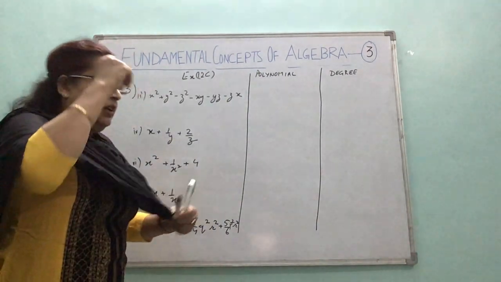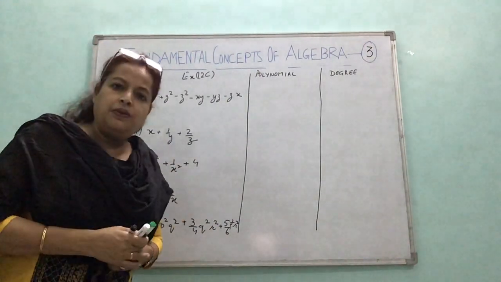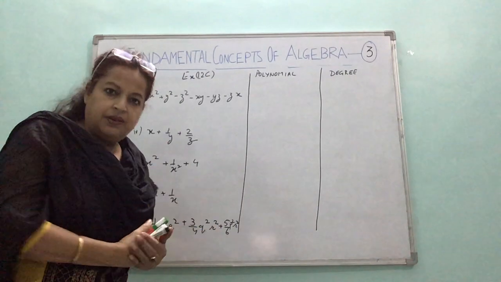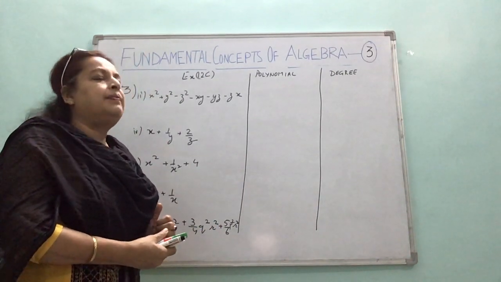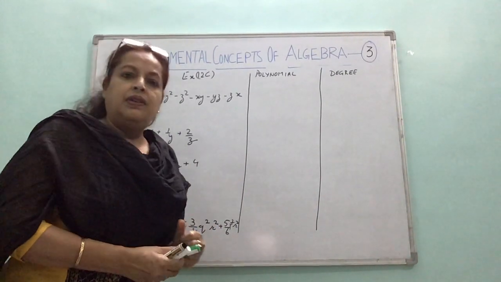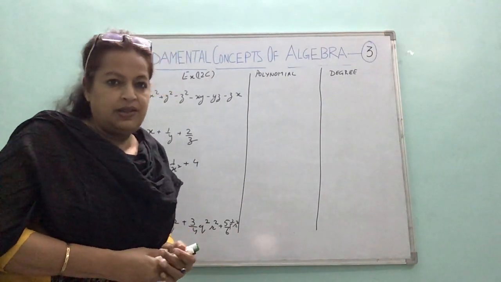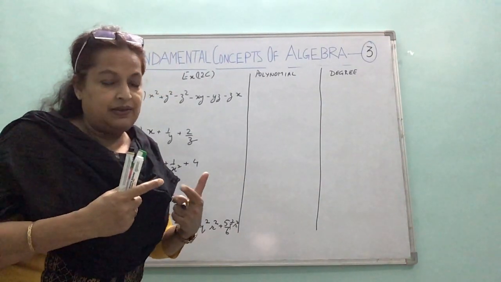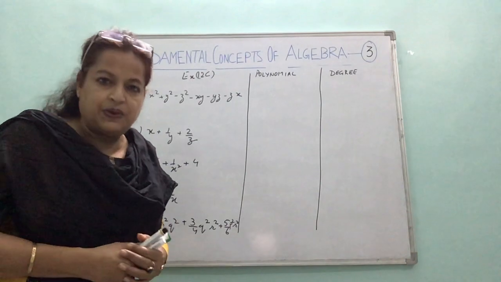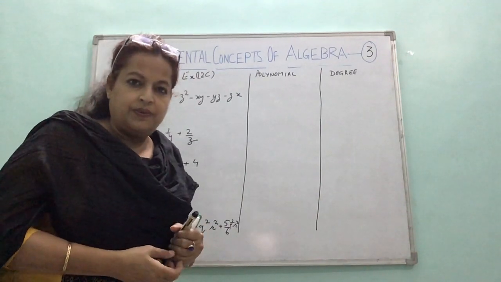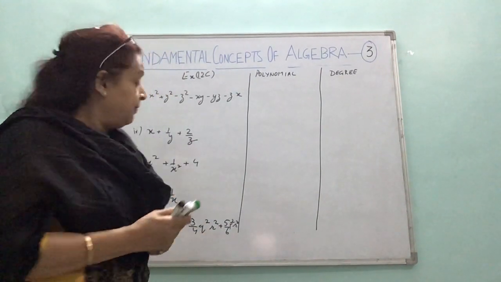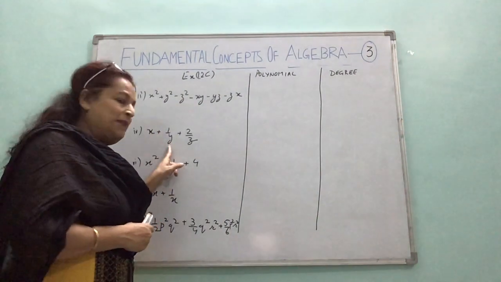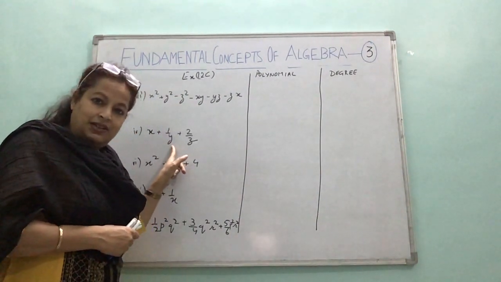Before I move on with this question, let me tell you how you would know whether the power of the alphabet is positive or zero, that is, if it is not negative. Pay attention children, listen carefully.